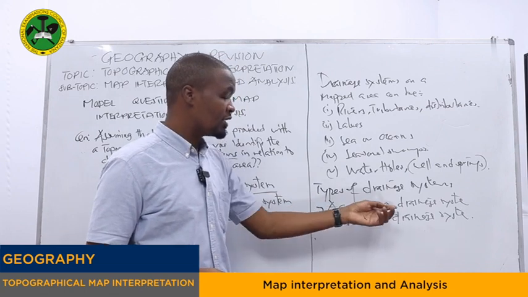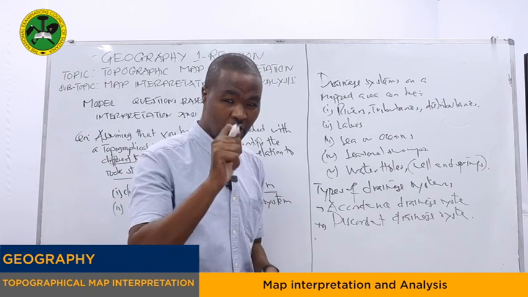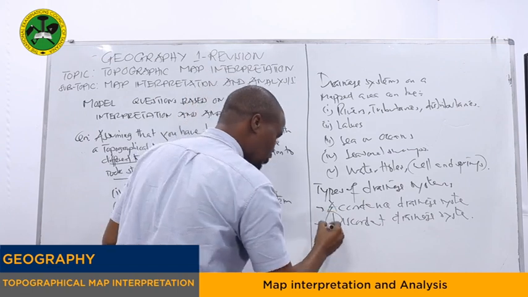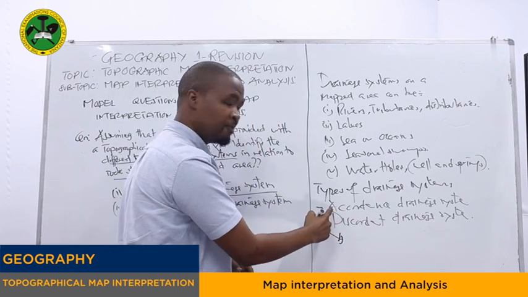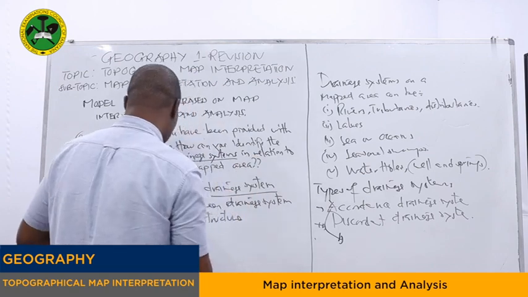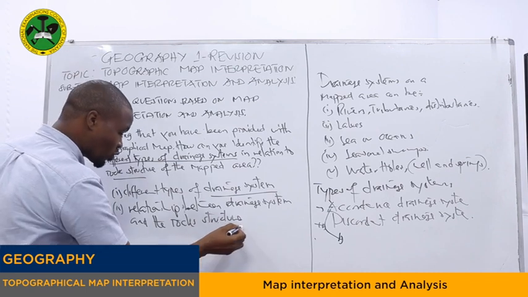But back to accordant drainage system, we have those drainage systems which flow in accordance to rock structure and geomorphology. As you can see, our question needs us to explain different types of drainage system in relationship to rock structure.